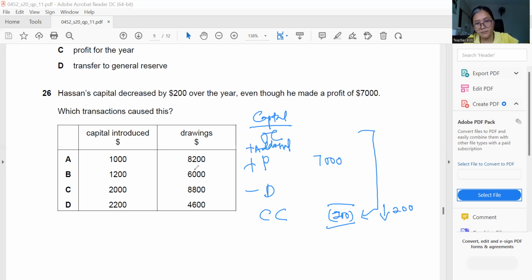Which one added up can be the difference? Here, you have 1,000. If you put 1,000 here, you get 8,200. Then you have reduced 200. So this answer should be A, because you must reduce the net amount by 200. Okay, now let's move on.